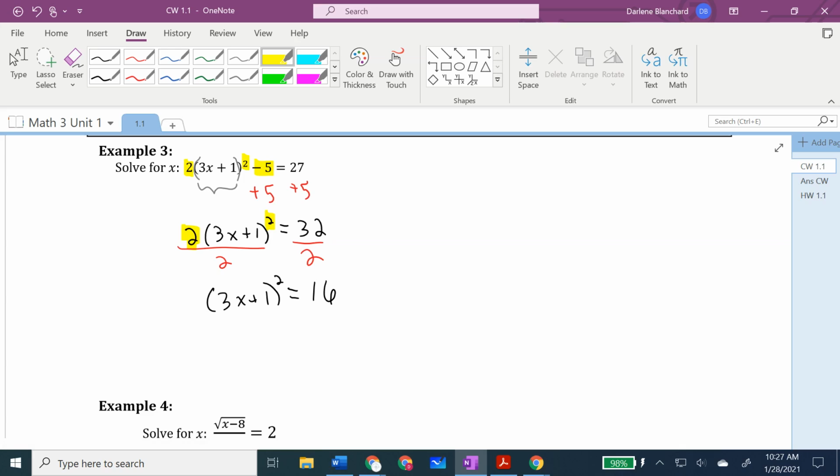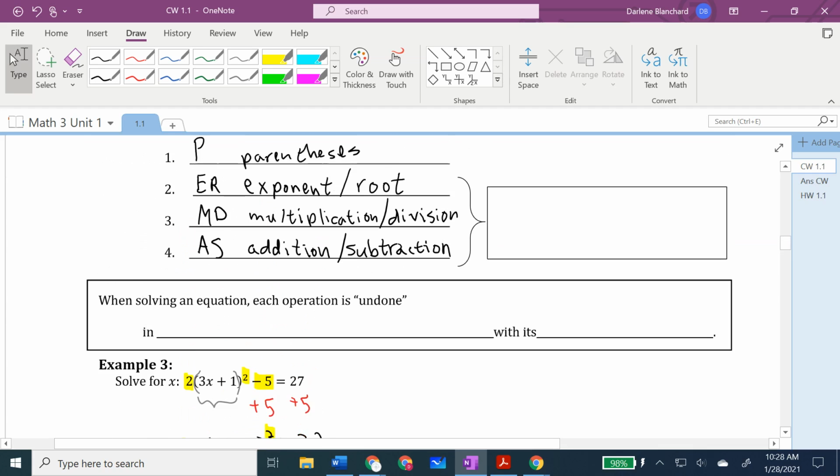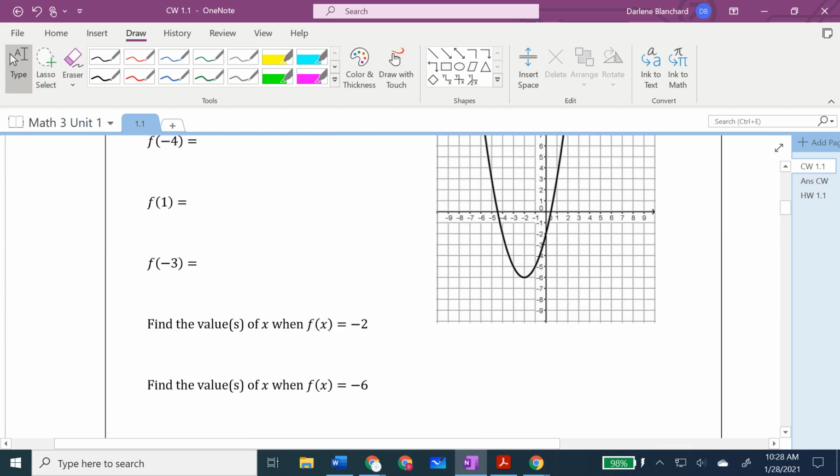You see a parentheses, and on that parentheses, you see a squared over the whole thing. Before you can go inside the parentheses and start undoing any of that, you have to undo the squared. This is the one thing that you have to remember a little extra on. And that's what I tried to talk about with the parabola over here when you are solving for these bottom problems.